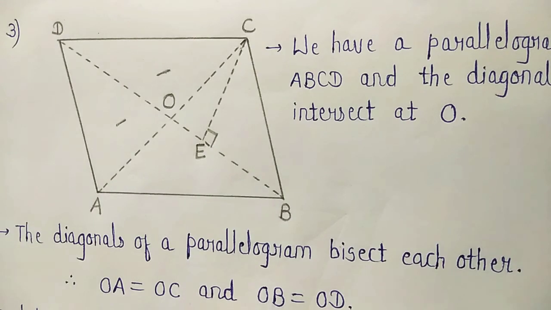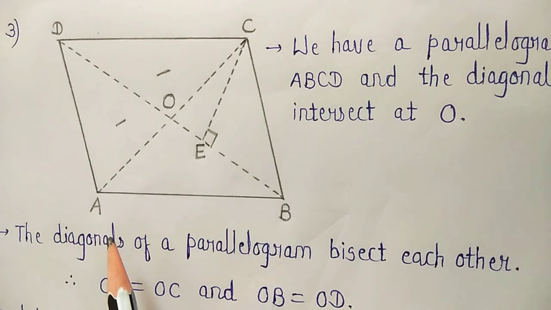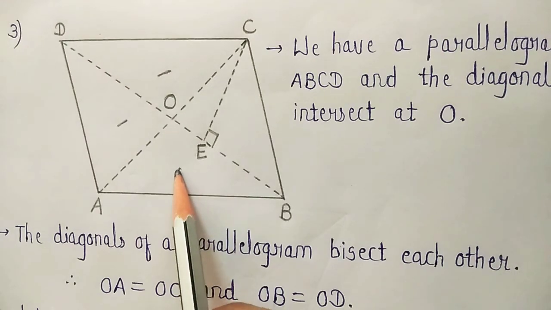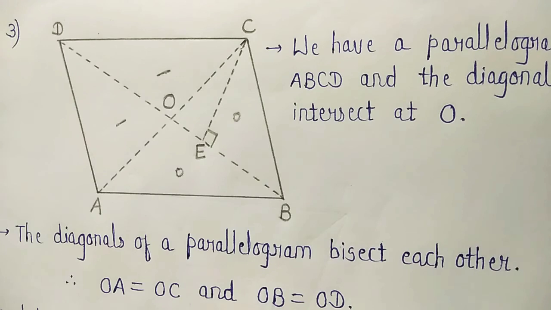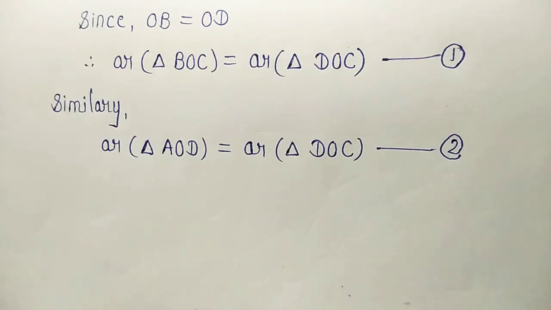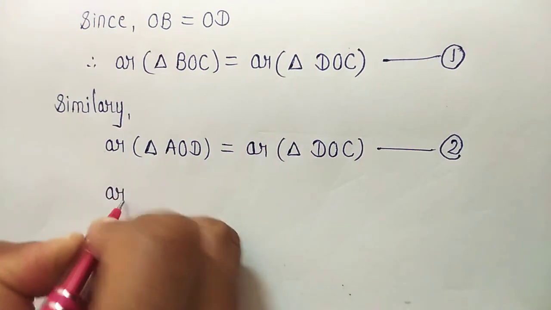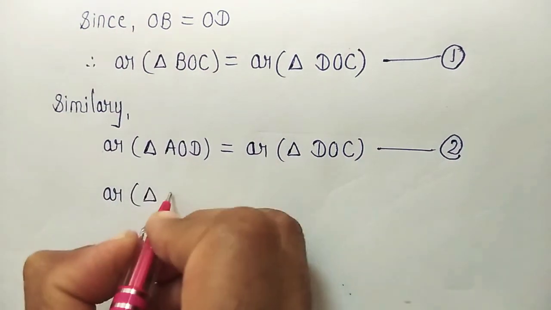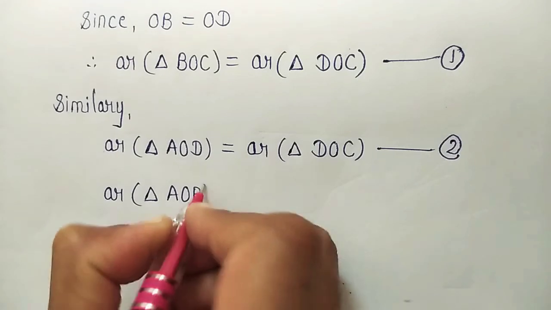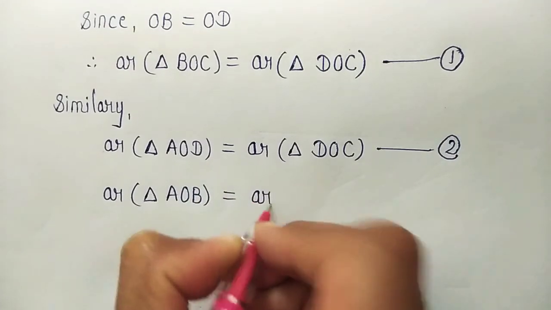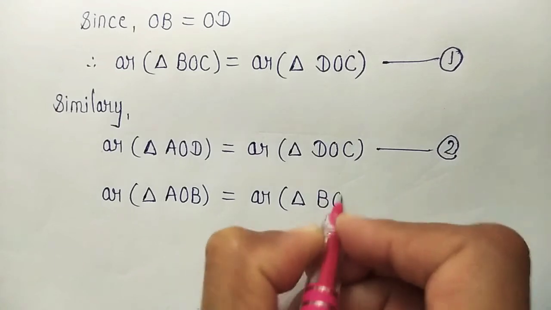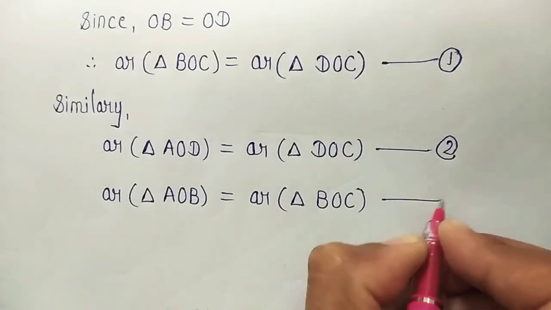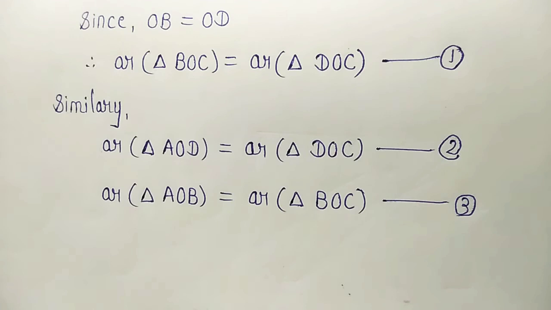Now, similarly, we will have area of AOB equal and area of BOC also equal. So let us write for these 2 triangles: area of triangle AOB equals area of triangle BOC, and this is our equation number 3.